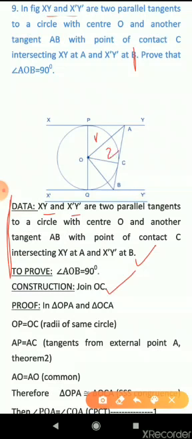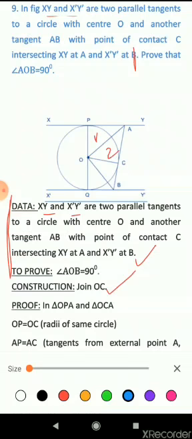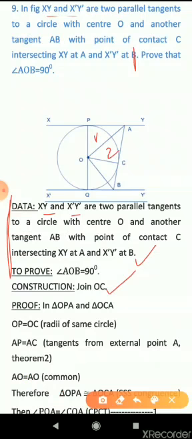Observe these two triangles. First one OPA is triangle 1, and triangle OCA is triangle 2. Let us go one by one. Here OP is equal to OC.